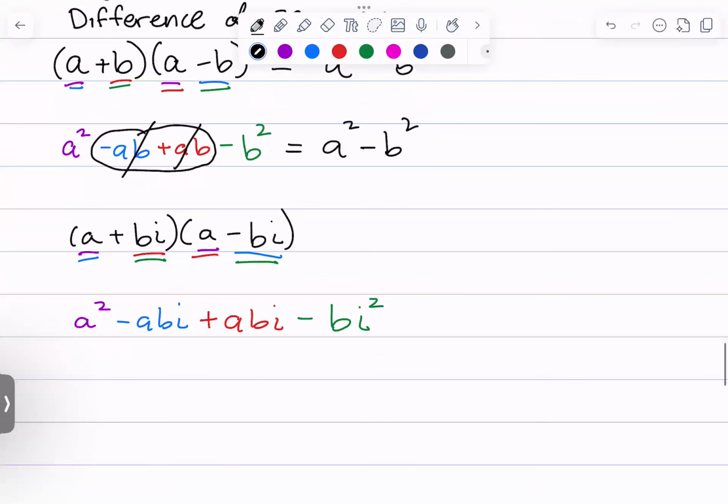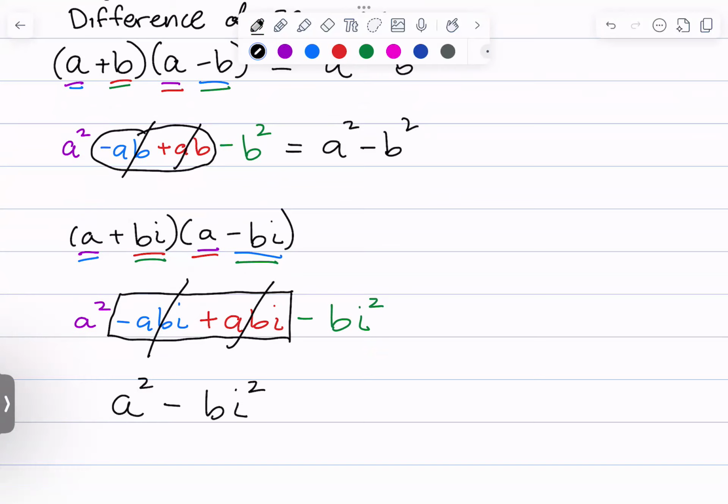So again, these middle terms would cancel each other out. I'm left with a squared minus bi squared, correct?